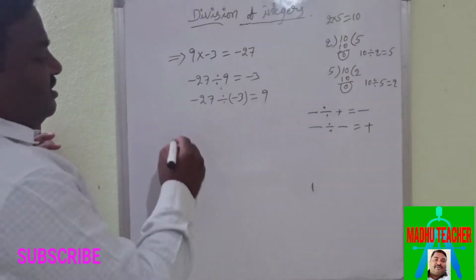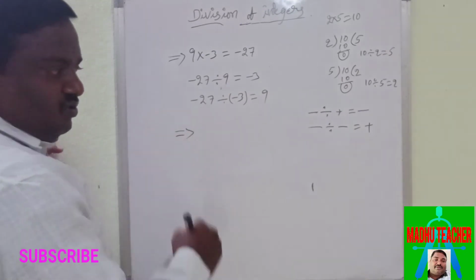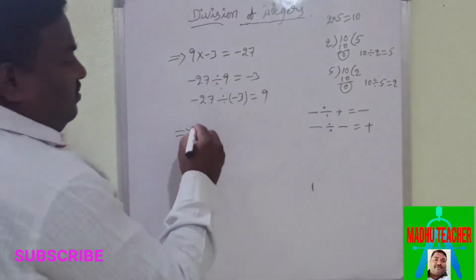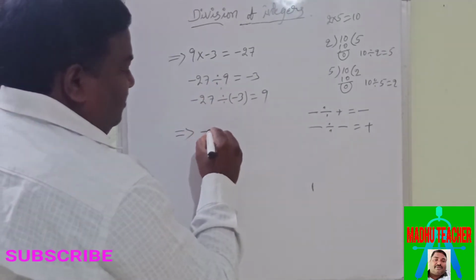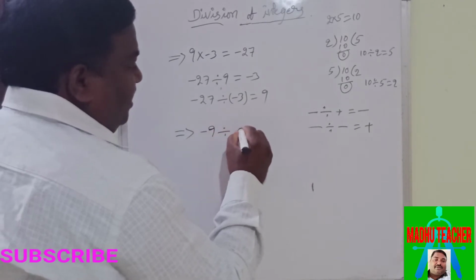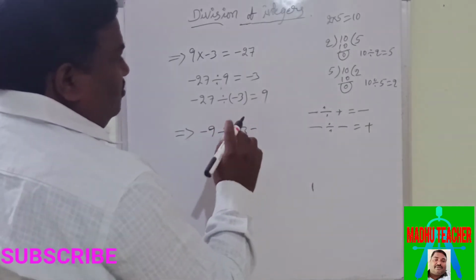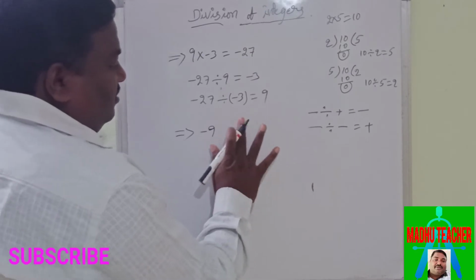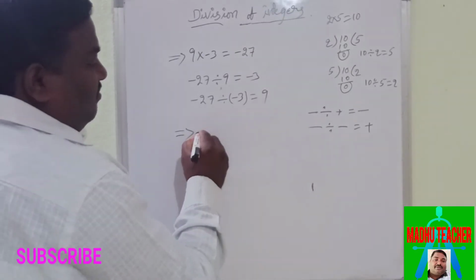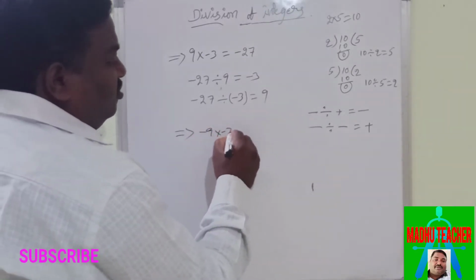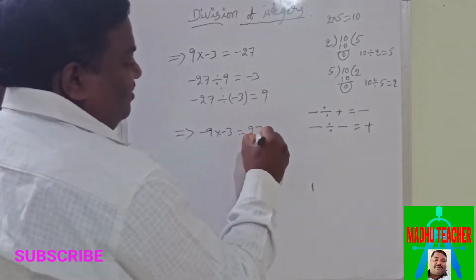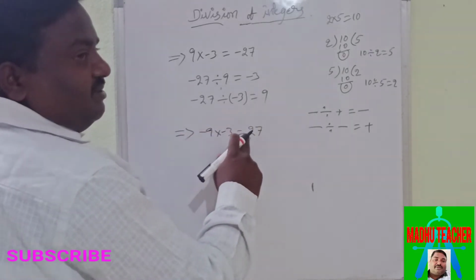Okay, let us take another one. -9 into -3 equal to 27, plus 27, minus into minus plus.